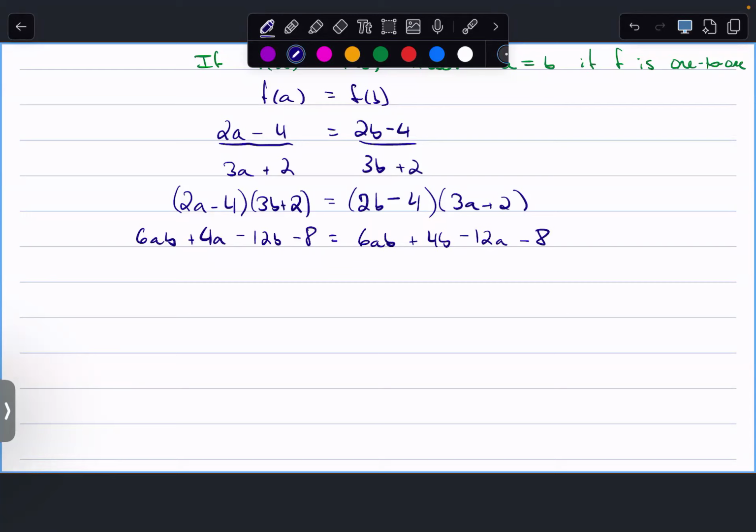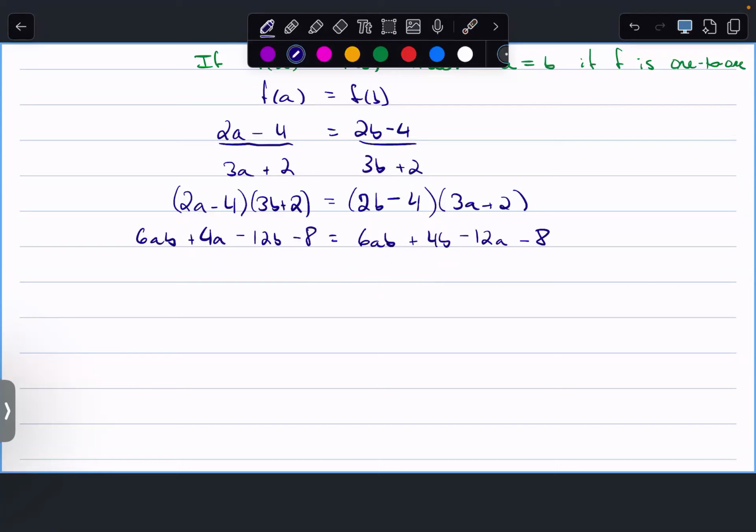For simplicity, or maybe I only think it's simpler, I usually like to shove everything to one side and set the other side equal to 0, because then collecting like terms is a little bit easier. So I'm just going to subtract all these over to the left-hand side, or by the same logic, you can move all these over to the right. It doesn't matter.